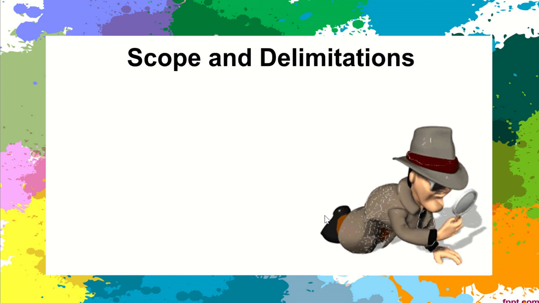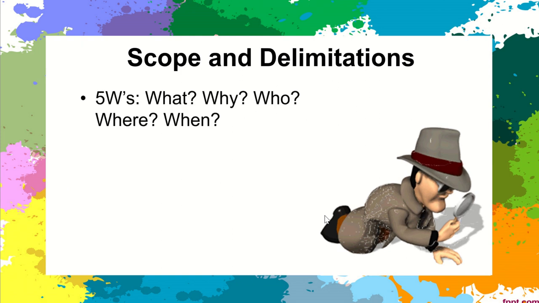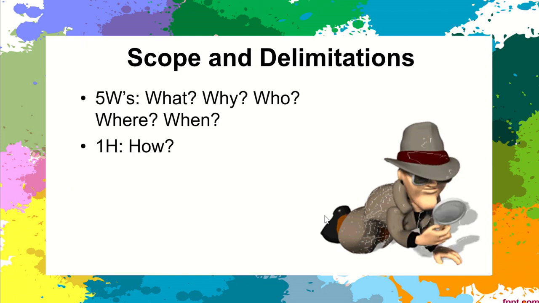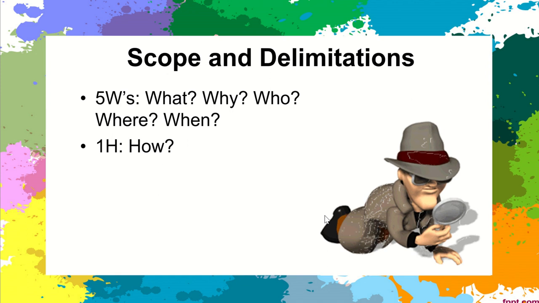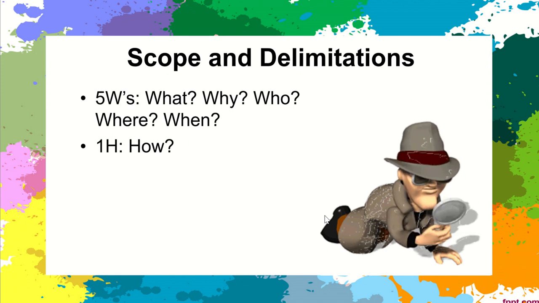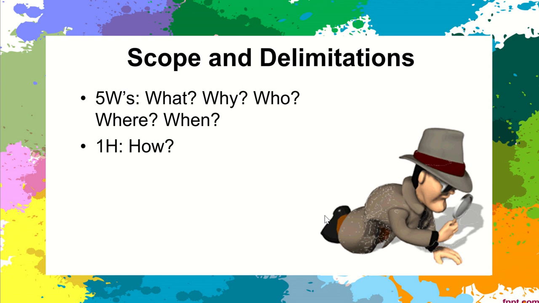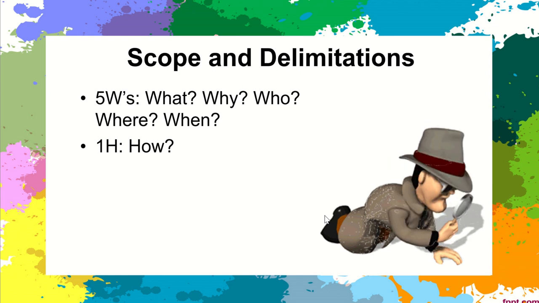Next section under chapter 1, still the introduction: scope and delimitations. Here, the scope details how in-depth your study is to explore the research question and the parameters in which it will operate in relation to the population and time frame. So that is for the scope.